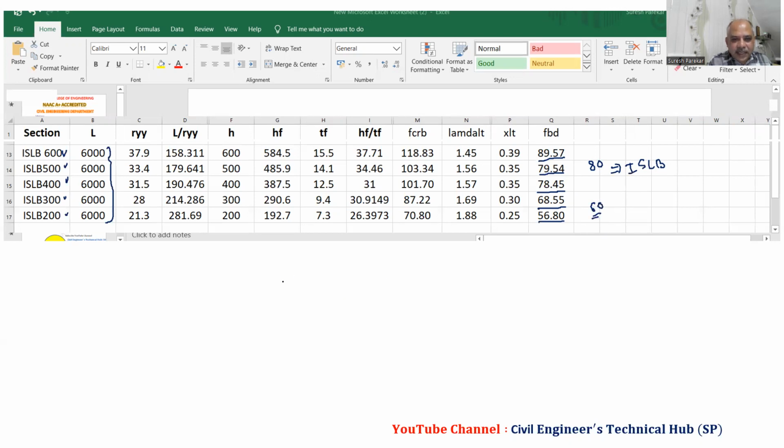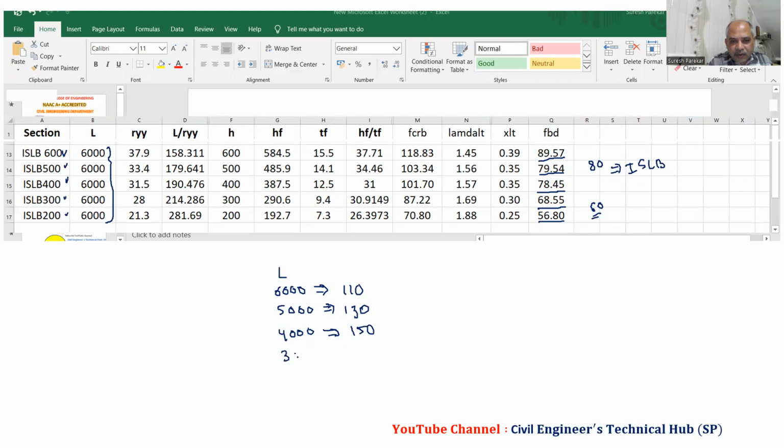So I can say for L of 6000 we can have a value around 110. If we have L of 5000, we have a value around 130. Then for 4000, we can go for 150.